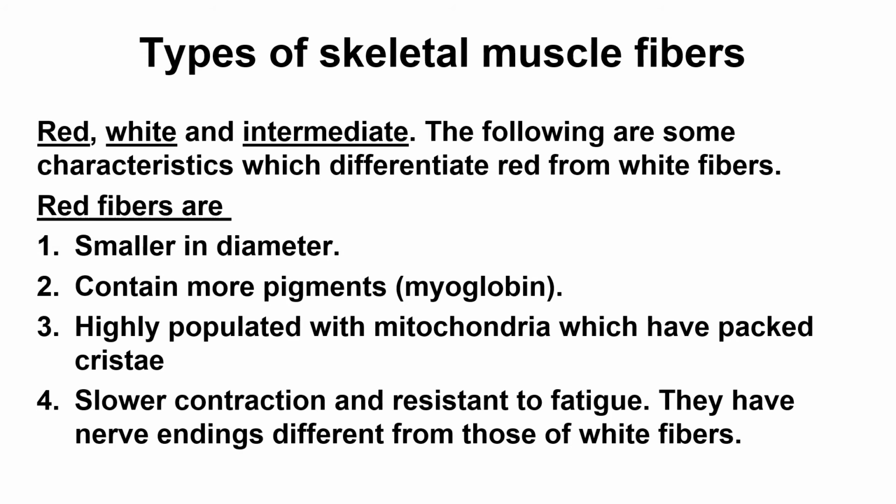On the other hand, the white, fast or glycolytic muscle fibers are the largest in diameter. They have a large sarcoplasmic reticulum for rapid release of calcium and contraction. They have a lot of glycolytic enzymes for rapid release of energy.